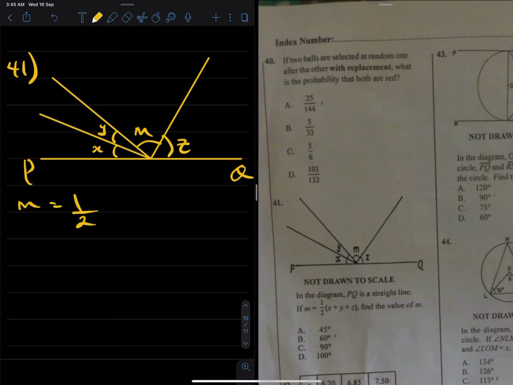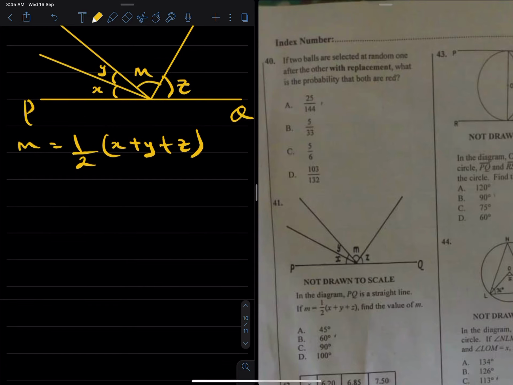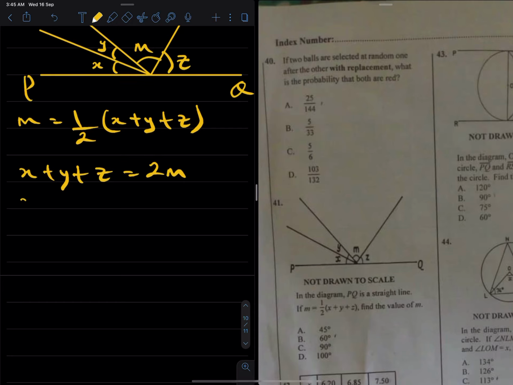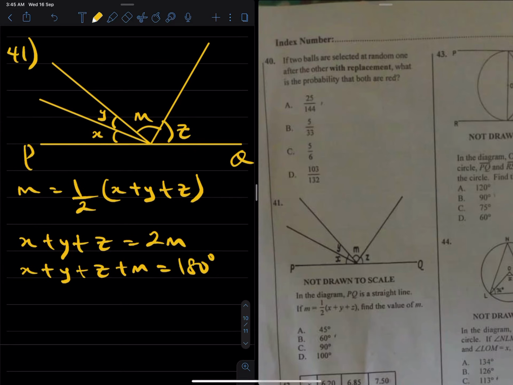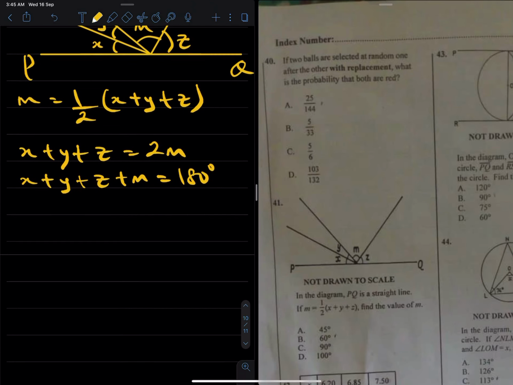M equals half X plus Y plus Z. And that simply means X plus Y plus Z equals 2M. And we know that X plus Y plus Z plus M is equal to 180 degrees, because all of the angles there add up to give 180 degrees; the reason is angles on a straight line.